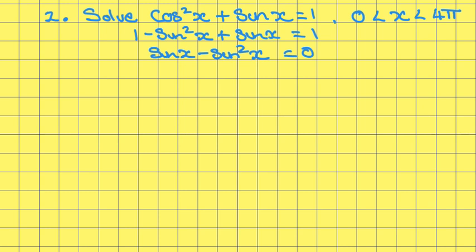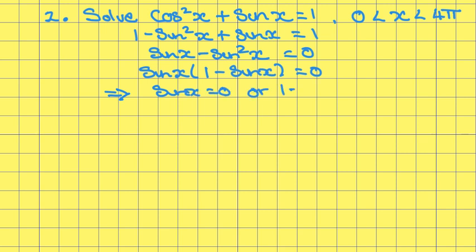So if I factorize out sin x, I've got sin x times 1 minus sin x equals 0. Therefore, sin x equals 0, or 1 minus sin x equals 0. So that means sin x equals 1.